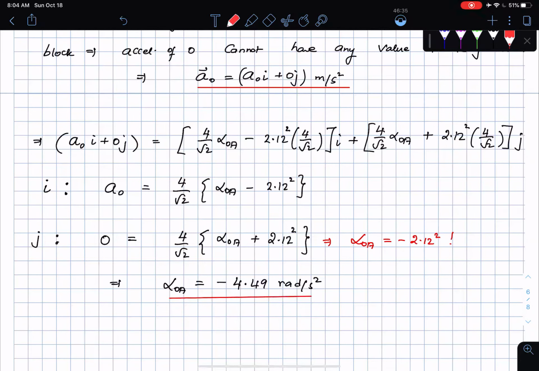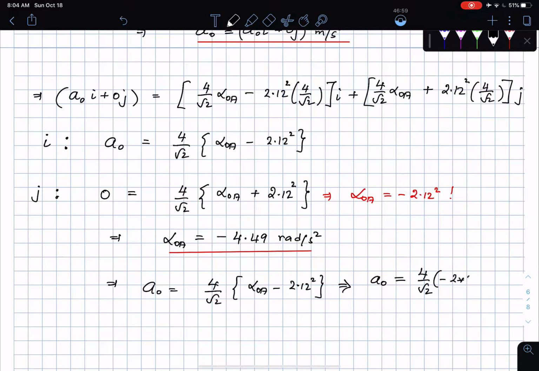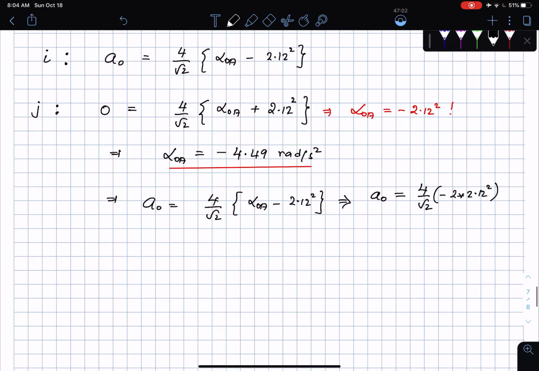And once I obtain this, I can go back and plug it into the acceleration of point O, which is 4 by root 2 alpha OA minus 2.12 square. If I do the substitutions, acceleration of O is going to be minus 25.4 meters per second square.